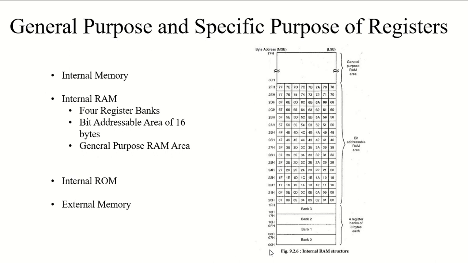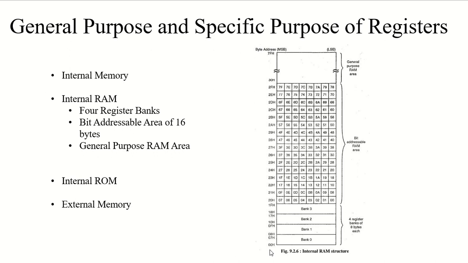And also remember that the numbering system which we are using here is not the regular decimal numbering system. In 8051 you always use what system? It's hexadecimal. So these four register banks are numbered 0 to 3, and each bank is made up of a total of 8 registers, and these 8 registers are named R0 to R7.